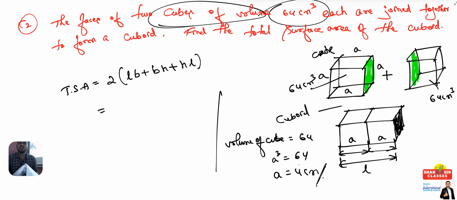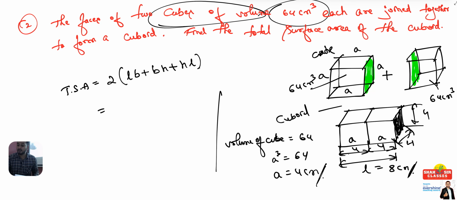Then this is 4, this is 4. Then how much is the length? 4 plus 4, 8 centimeter is the length. How much is the width? A, 4 centimeter. How much is the height? A, 4 centimeter. In a cube, all the dimensions are A only, no? Did you understand? Only the length will change.